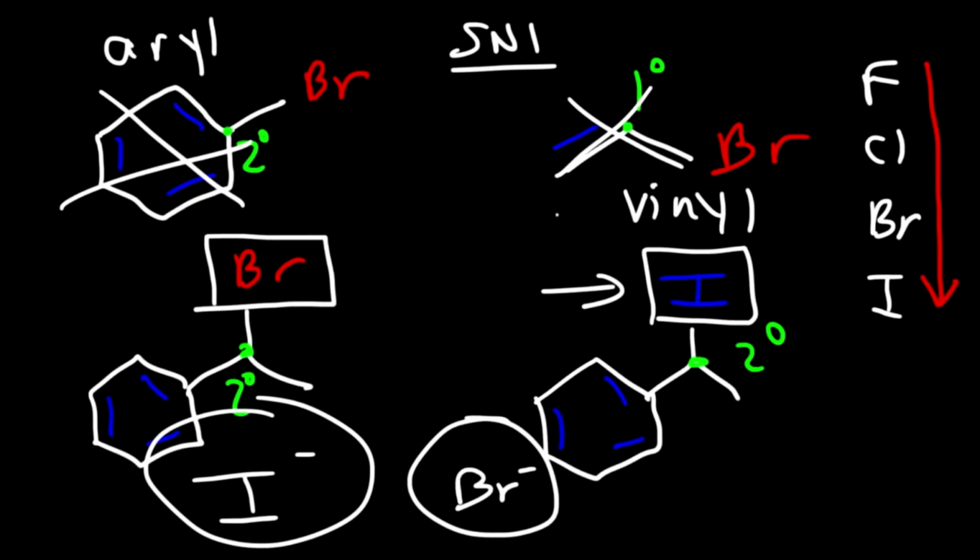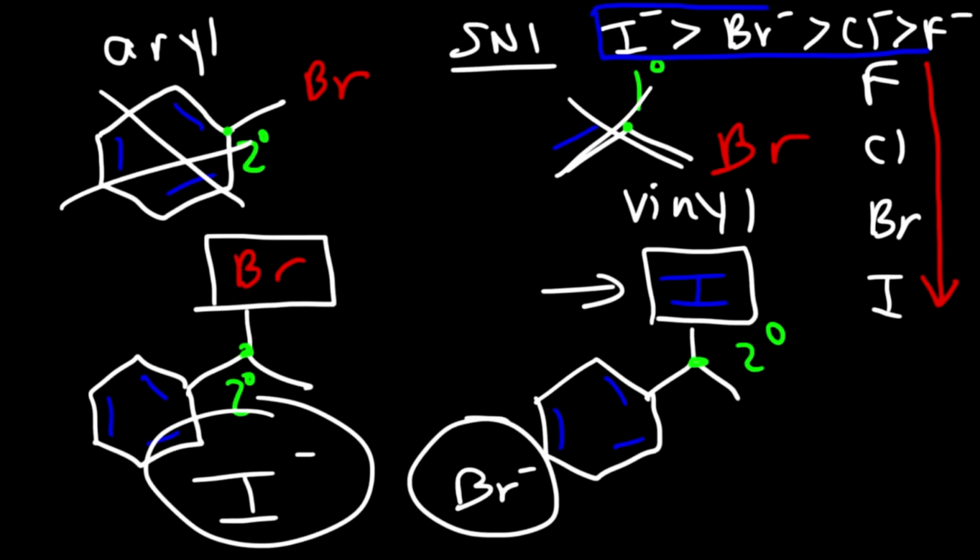And so for this reason, iodide is a better leaving group than bromide, and bromide is a better leaving group than chloride, and fluoride is not a good leaving group. So leaving group stability corresponds with size. So in this case, this is the best alkyl halide for the SN1 reaction compared to all the other options that we have here.